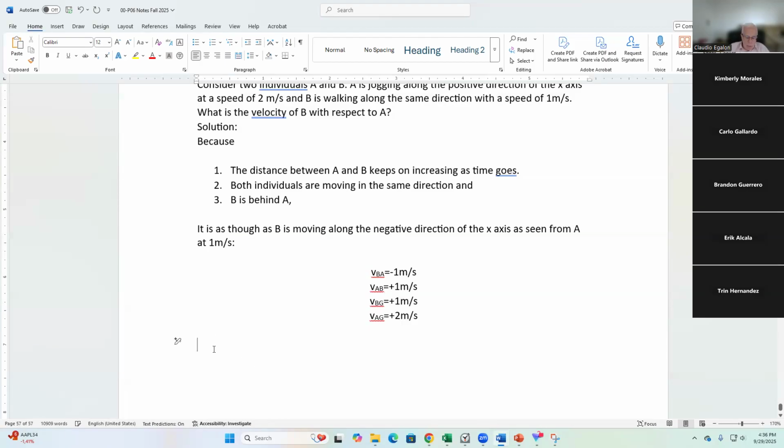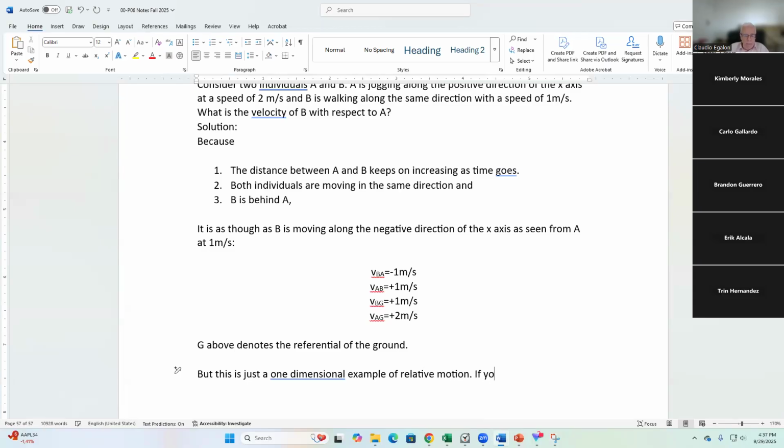Okay. G above, big G above, denotes the ground. The referential of the ground, okay? But this is just a one-dimensional example of relative motion.